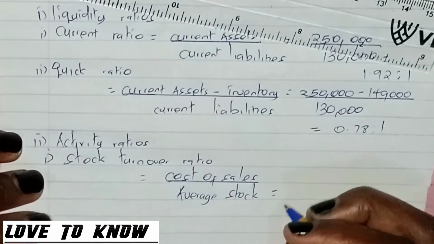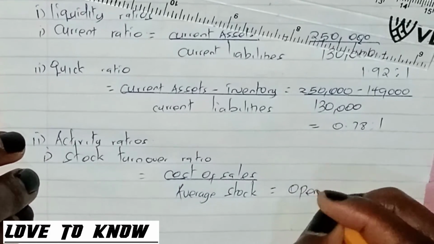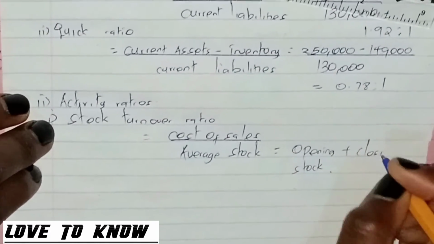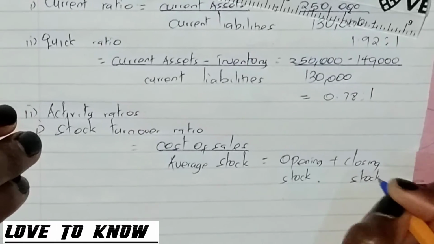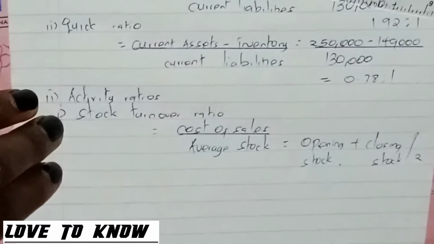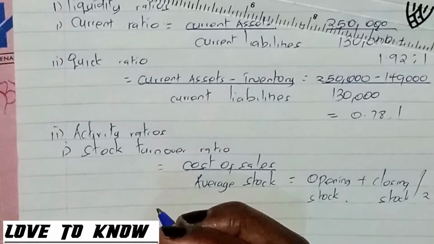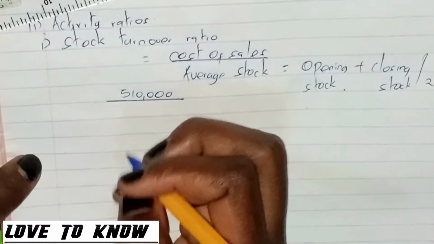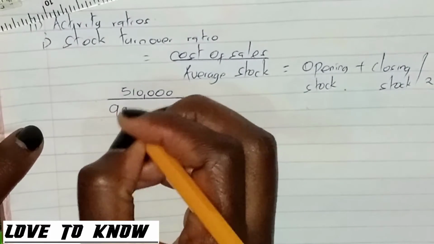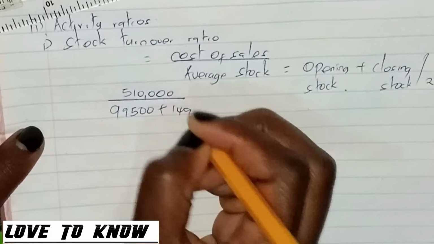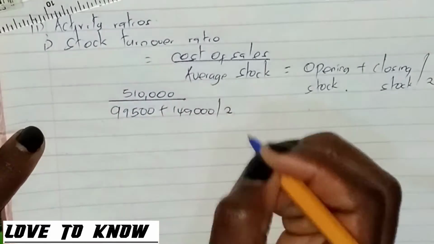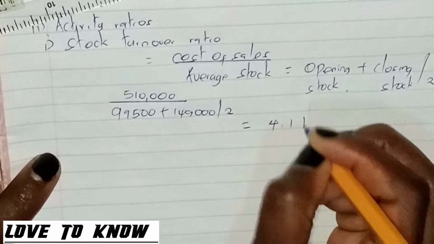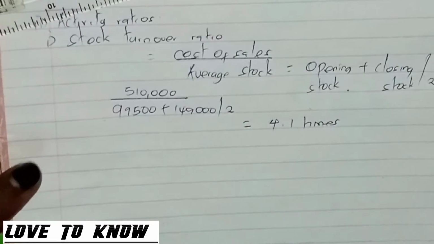This average stock is the opening stock, you add the closing stock, then you divide by 2. From the question, the cost of sales is 510,000. The average stock will be the opening stock, which is 99,500, you add 149,000, then you divide by 2. This gives us a ratio of 4.1 times, since it's the turnover ratio.